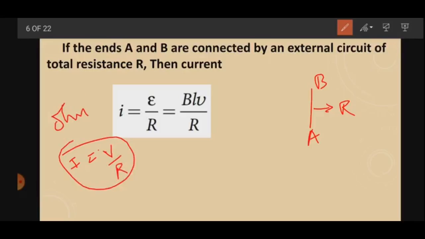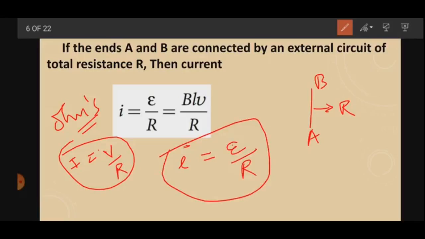Now substitute, what is the induced current? I is equal to the potential difference, which is nothing but the induced EMF E, divided by the resistance of the conductor. Already you know that the induced EMF is equal to BLV, and the resistance of the conductor AB is R.